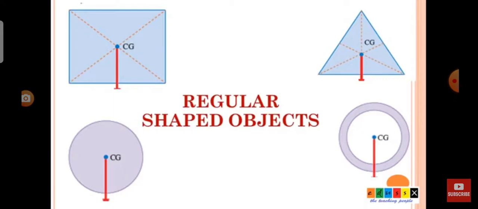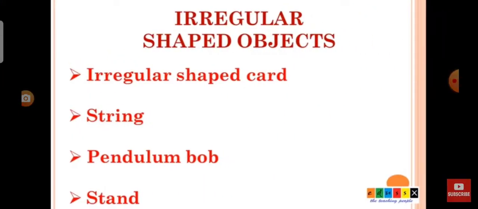So weight of card, weight of triangle, weight of disc and weight of ring. This is the example for regular shaped objects. So the irregular shaped card, string, pendulum bob and stand. This is the example for the irregular shaped objects.